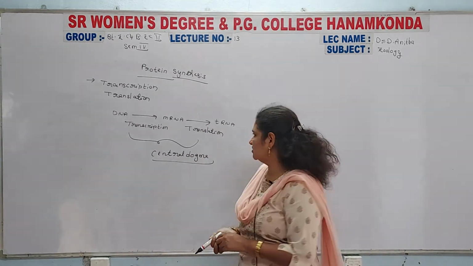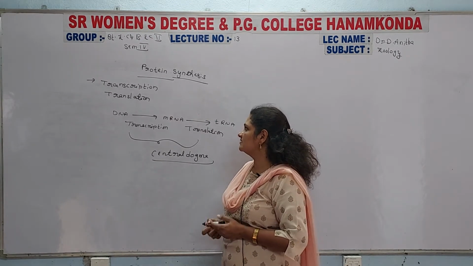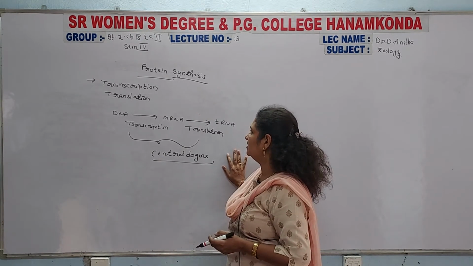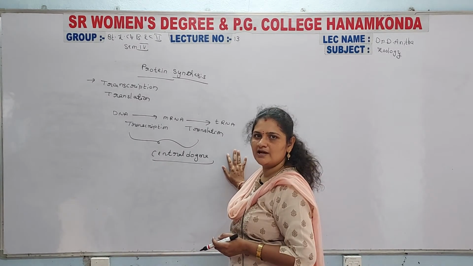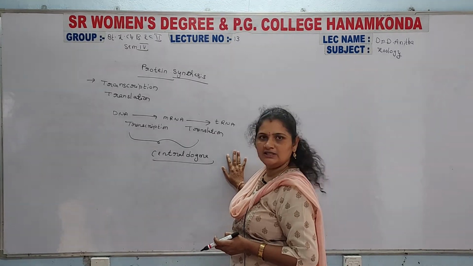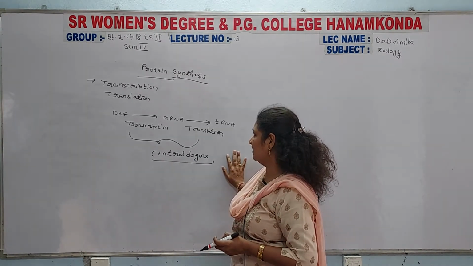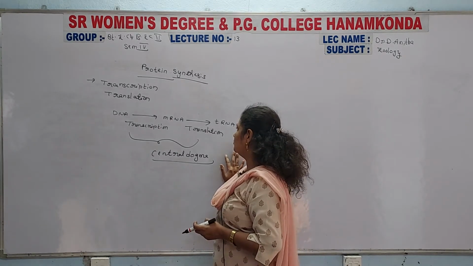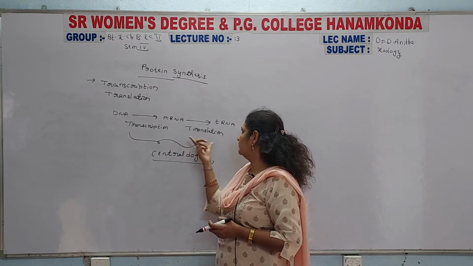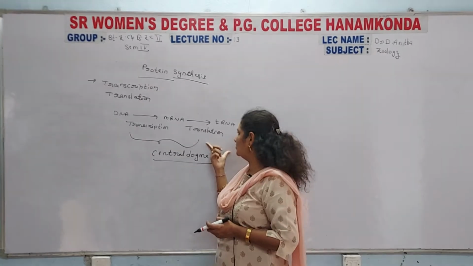So transcription is a major process. In protein synthesis, the information from the DNA to mRNA, and from mRNA to tRNA, gets transmitted. The DNA is mainly present inside the nucleus. It is transcribed into mRNA, and the mRNA again transmits that information to the tRNA in the form of codons and anticodons.